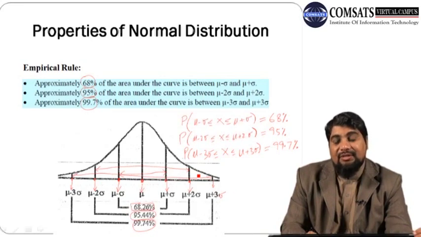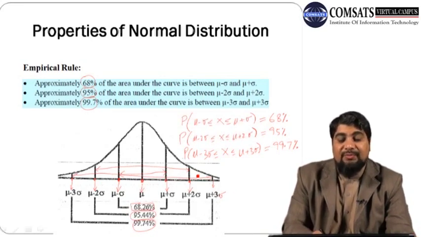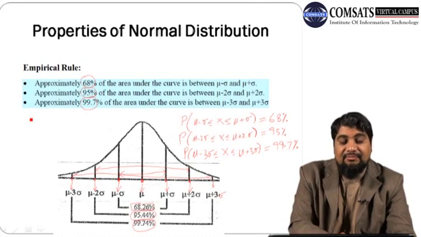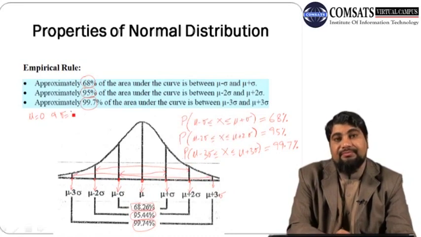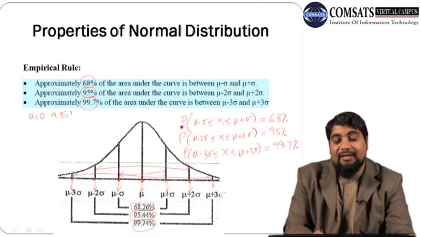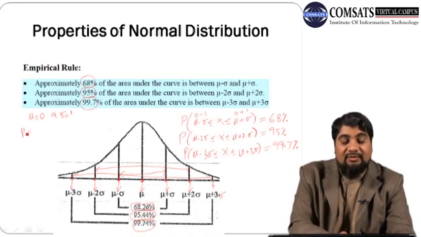So suppose if we fix mu at 0 and sigma at 1, then the same rule can be simplified. Just replace mu by 0 and sigma by 1, so we get 0 minus 1, so minus 1 less than or equal to x less than or equal to plus 1, and this is 68%.